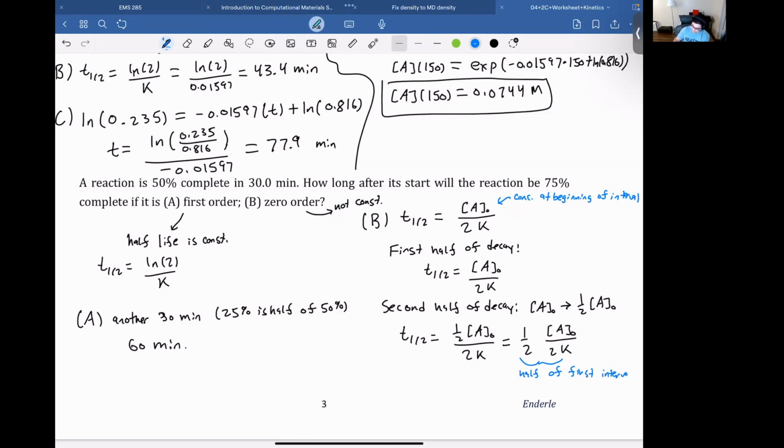It takes half the time for it to decay than it did in that first half. So what this means is 30 minutes divided by 2 is 15 minutes. This is for the second half to decay. You get a total of 45 minutes.